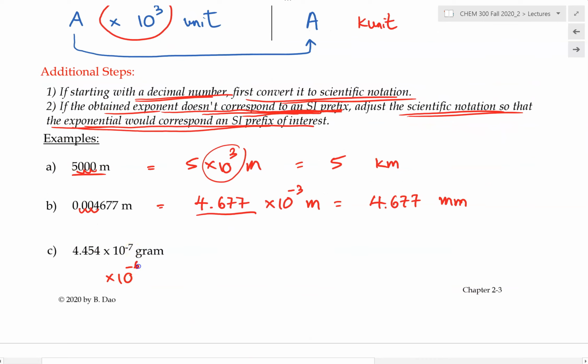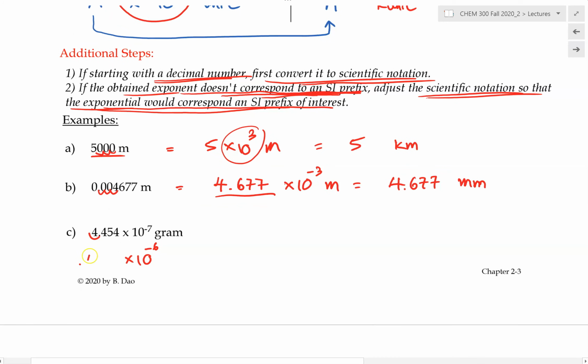Now, when we change -7 into -6, essentially we are making the exponential part 10 times bigger, because remember, -6 is bigger than -7. So now that we are making the exponential part bigger, we have to reduce the decimal part to compensate for it, right? Because we changed from -7 into -6, we have to move this decimal to the left 1 time. Therefore, this equals 0.4454 times 10 to the -6 gram.